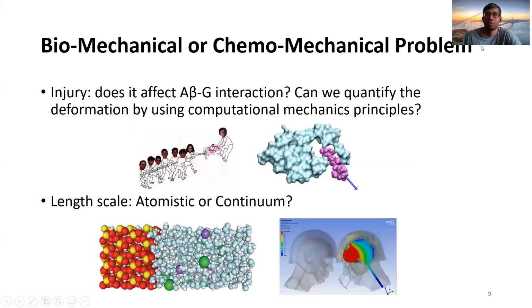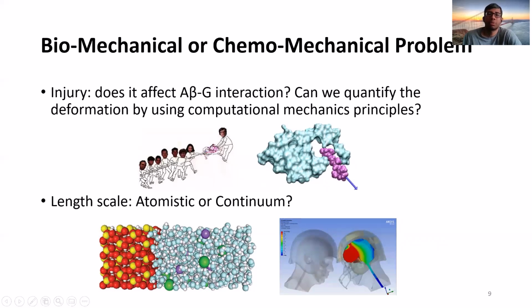And if we want to pose it in terms of a biomechanical or chemomechanical problem, we can solve these types of research questions, like whether a particular protein-to-protein interaction is getting affected in a simulation, whether we can determine the atomistic level of deformation by using computational mechanics principles, or we can get a lot of atomistic level insight.